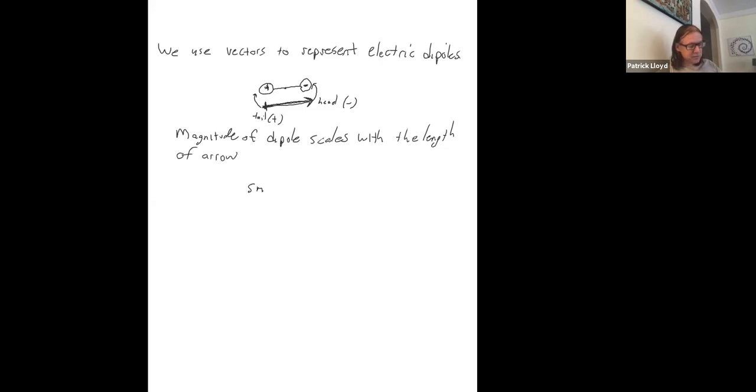So if you have a small electric dipole, I'll just call it dipole, you would represent that with a short arrow. If you have a large dipole, you would represent that with a long arrow. And again, the negative would be on this end, the positive would be on this end.